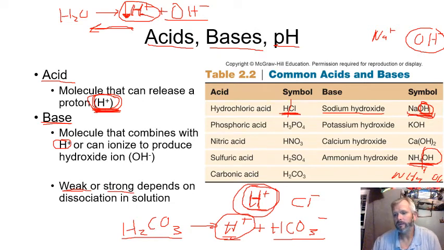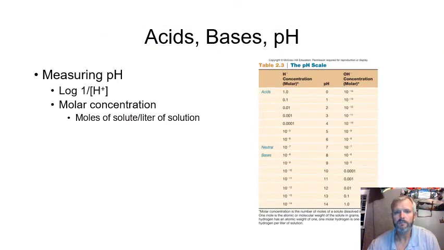Okay, why do we care about this? Because these characteristics are going to determine the pH of our solution. So what is pH? Let's take a look. pH is the measure of how many hydrogen ions I have in a solution.